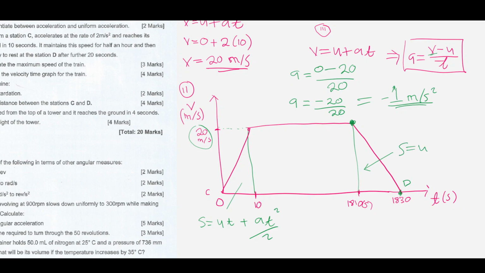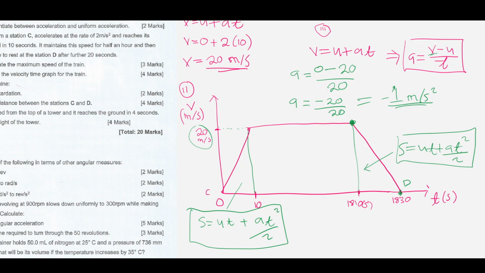S is equal to ut plus at squared over 2. We are using these equations for the part where we have the triangle, because the train is moving with a constant acceleration.